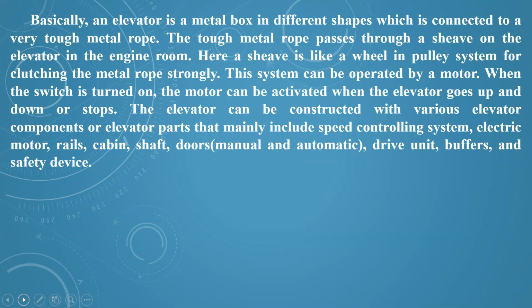When a switch is turned on, the motor gets activated and the elevator moves either up or down, as selected by the user. This elevator is constructed using different parts. It includes parts like motors, cabin, shaft, doors, buffers, drive units, etc. Next slide.